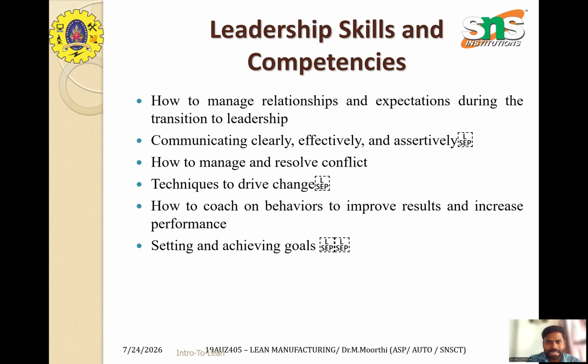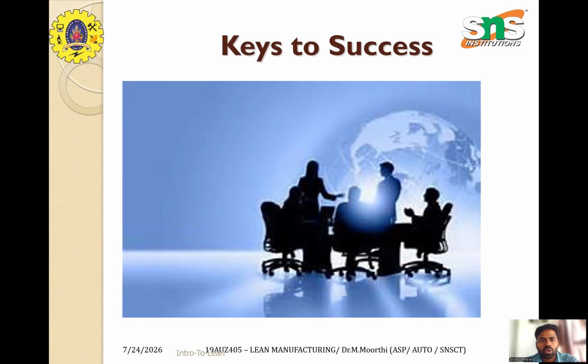Also, techniques to drive change in the process, and how to coach on behavior to improve results and increase performance in case there is low efficiency, low production or performance, or low confidence among the employees, and in what way the leader motivates, setting and achieving goals.